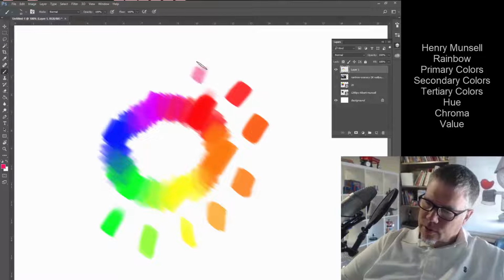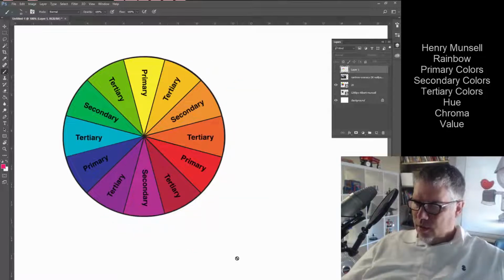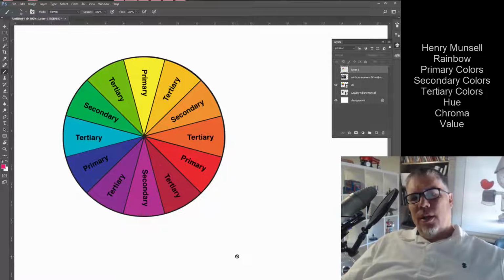And so I'm going to skip to this other graphic right here and show you that that's basically what we're seeing here. So we have our primary colors, and then we have our secondary colors, which are made from the primaries, and then we have tertiary colors.